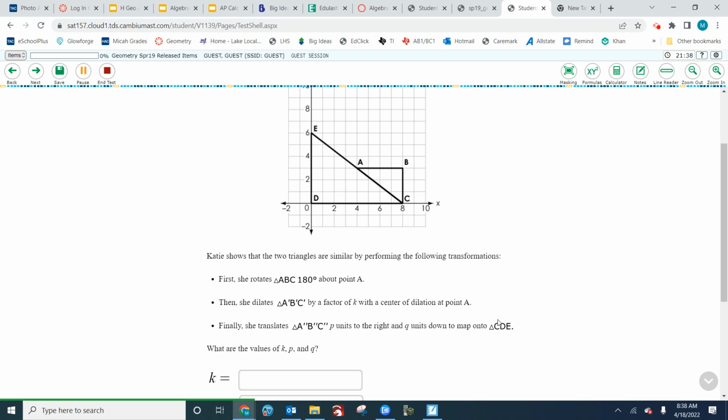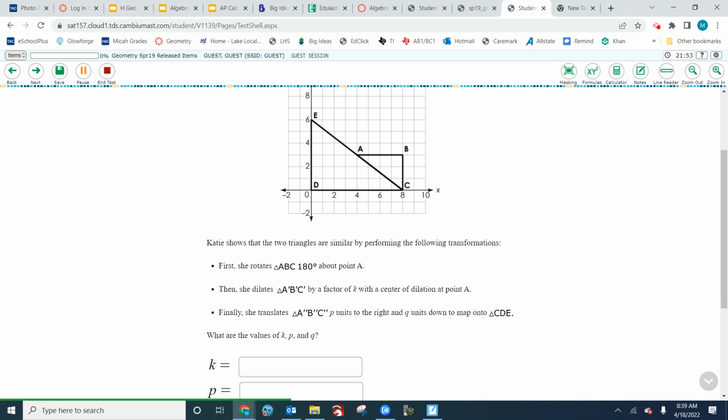So if you rotate about point A, do you agree point A is not going to change? But you have to think, what is point B doing? Well, 180 about point A. Let's do C first. Wouldn't C end up rotating this way over to here?